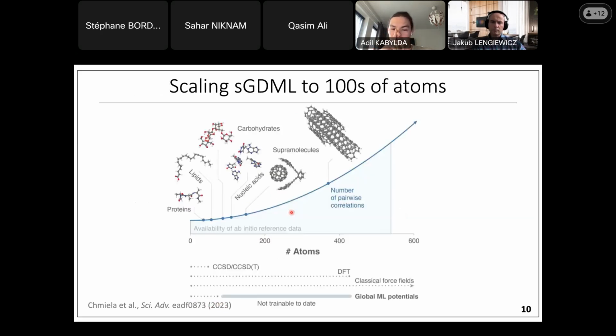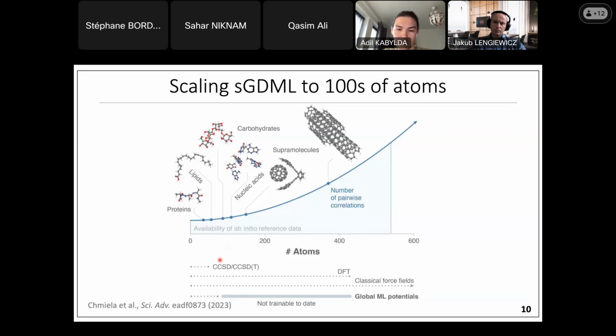Originally, when it was introduced, it was only applicable to system sizes of a few tens of atoms, and it was giving really accurate results of sub-chemical accuracy. But as you know, the number of pairwise correlations, so this is a matrix, means the number of interactions scales quadratically. These are some of the molecules from the MD22 dataset, just to show the number of atoms and the scaling law.